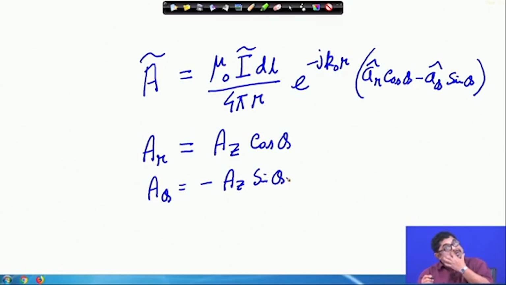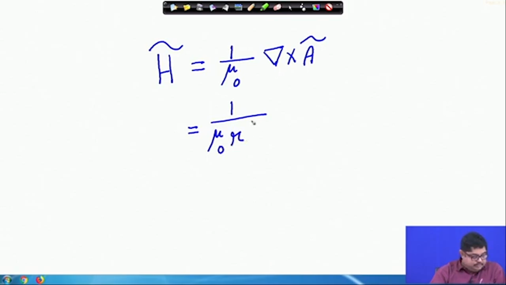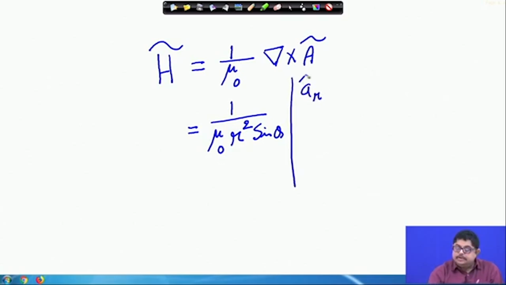Now, once we know the vector potential, the first step is to find the magnetic field H. So, the phasor H is 1 by mu naught del cross A. So, we will have to perform this del operation. We know the del operation in spherical coordinates.